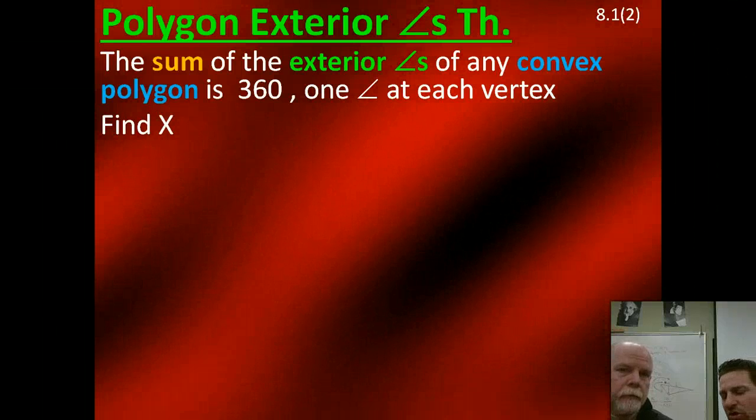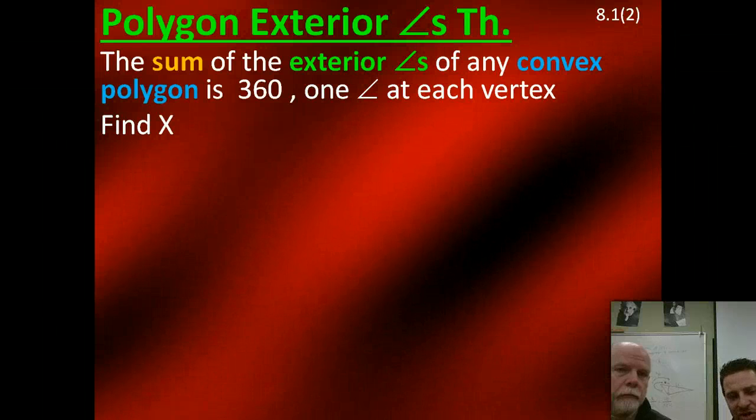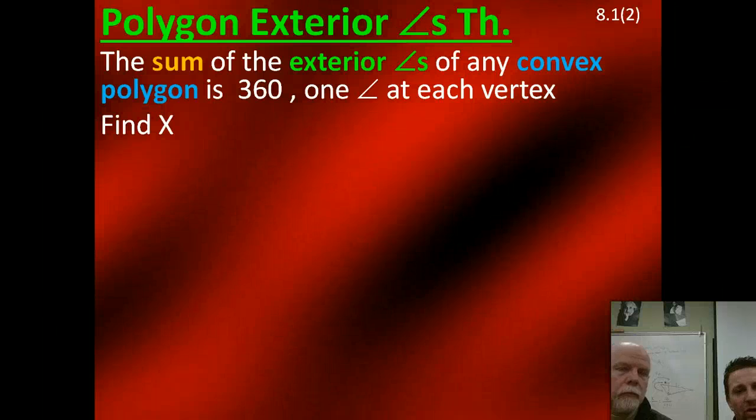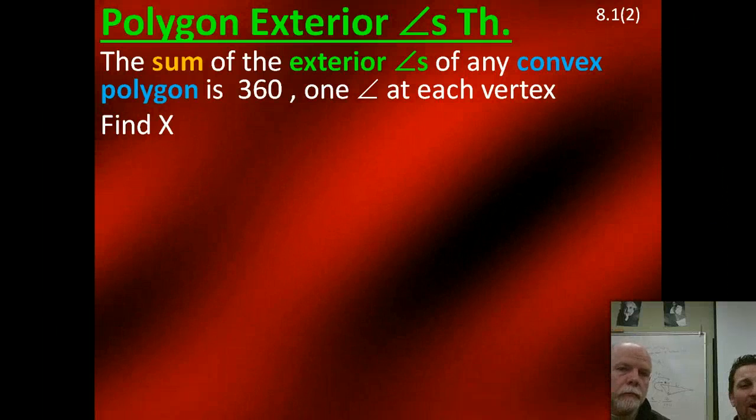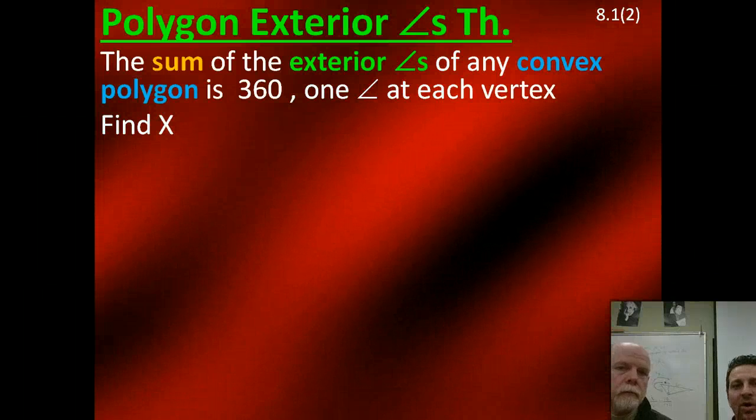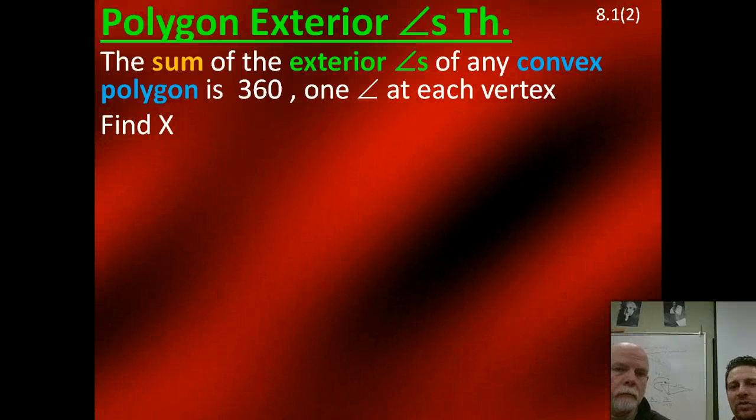What you need to envision is that you can draw a circle around any of these polygons, and a circle is 360 degrees. So it's bound to that 360. No matter how many sides, whether a dodecagon or a quadrilateral, the outside angles only add up to 360 degrees.